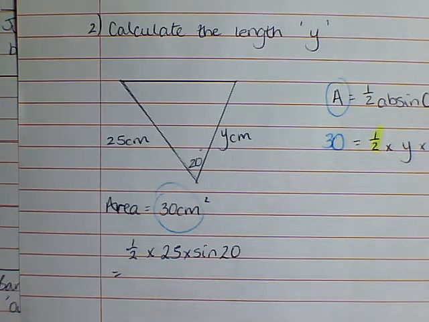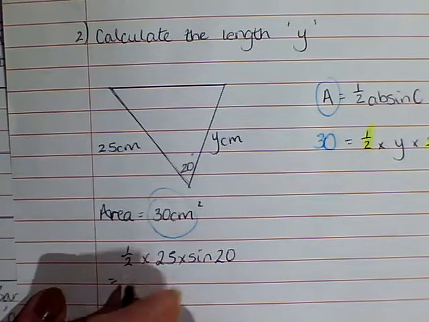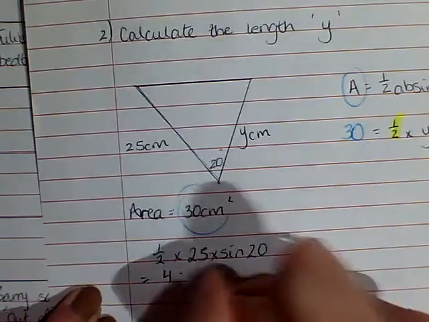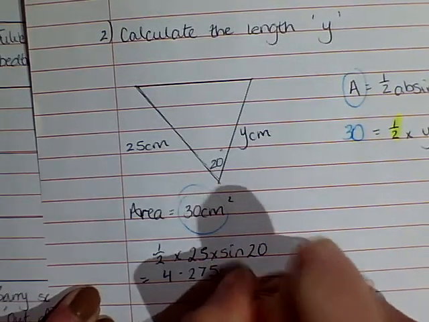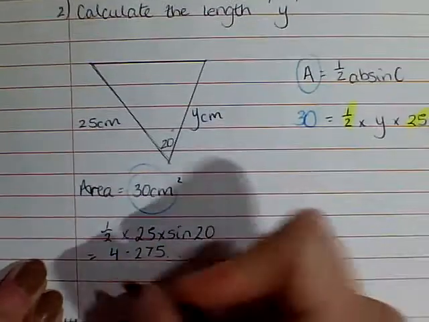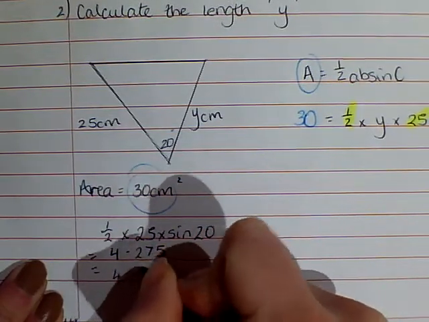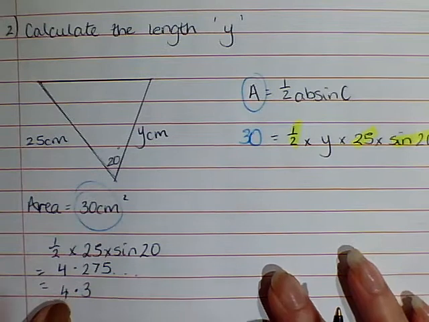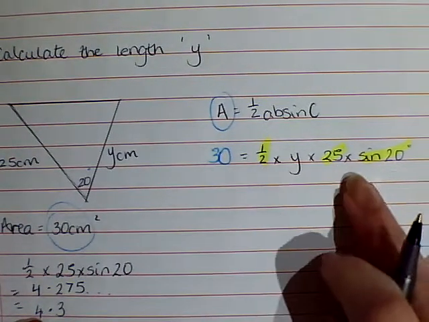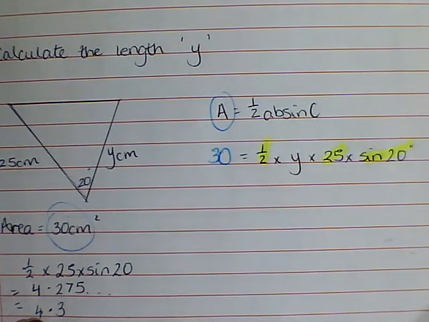Calculator gives me 4.275 ... And if I do that to one decimal place, I get 4.3. So that 4.3 replaces these half, 25 and sine 20, these yellow numbers if you like.